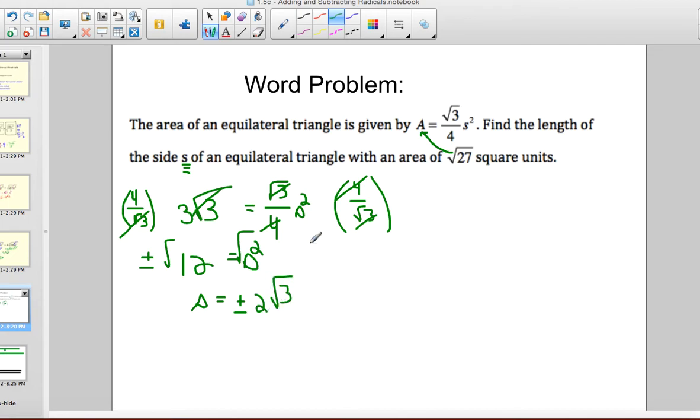However, you only have one answer. I just want you to get in the habit of creating plus and minus anytime you're taking a square root. You only have positive 2 root 3, and then units is your label. Why? Well, because you can't have a side length that's a negative distance or something like that. It doesn't make any sense. So only 2 root 3 units. That's your final answer. Okay?